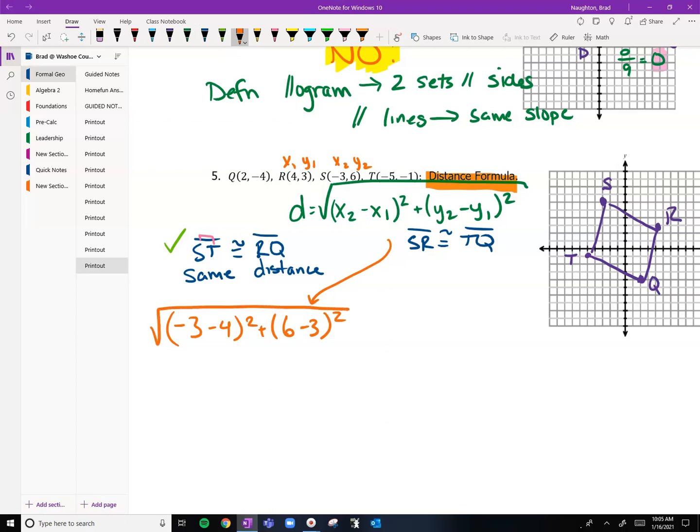And that needs to be equal to, this will be x1, y1, x2, y2, so negative 5 minus 2 squared plus negative 1 minus a negative 4. Got to make sure I put in my negatives there.